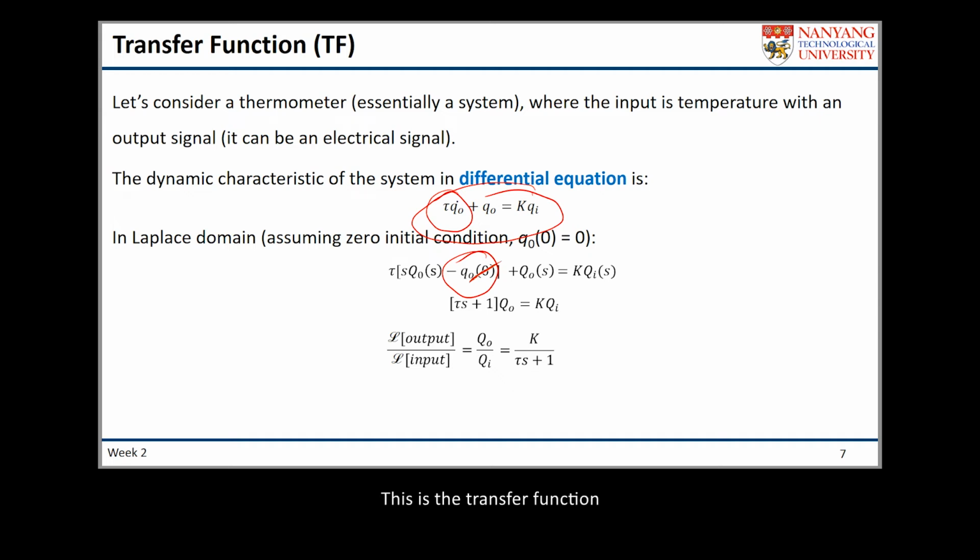This is the transfer function form of the model of the thermometer. This is another representation of the model. Besides the differential equation, you can model it as a transfer function like this. Let's call this equation G(s), a function of s, the transfer function of our system, of our thermometer in this case.